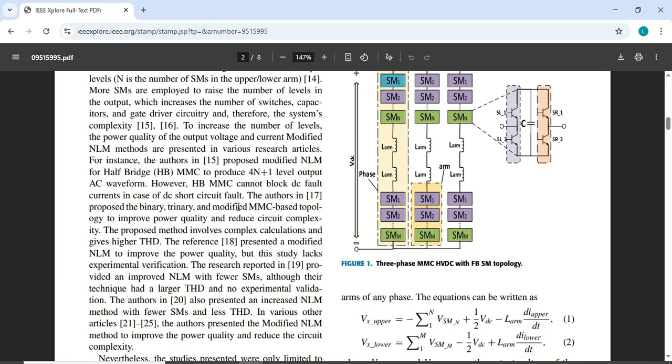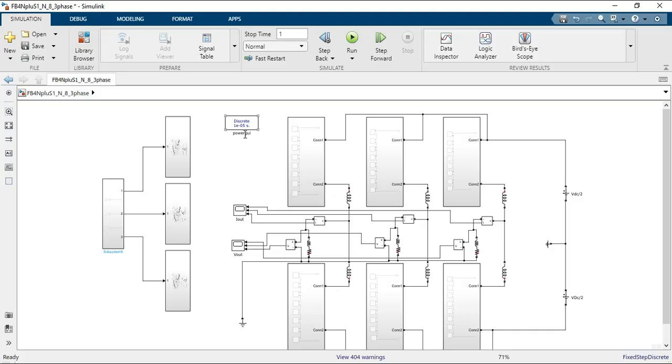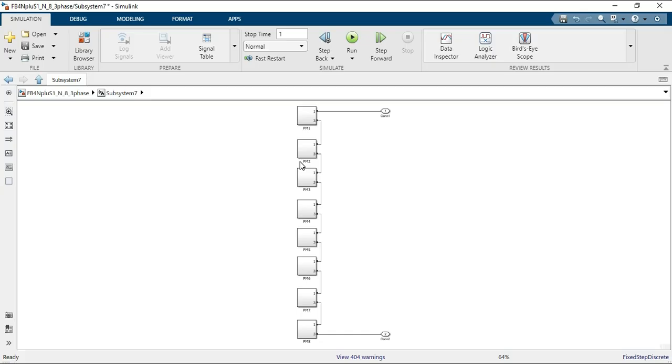Let me show you my work with 8 submodules. So basically this was the model with 8 submodules.